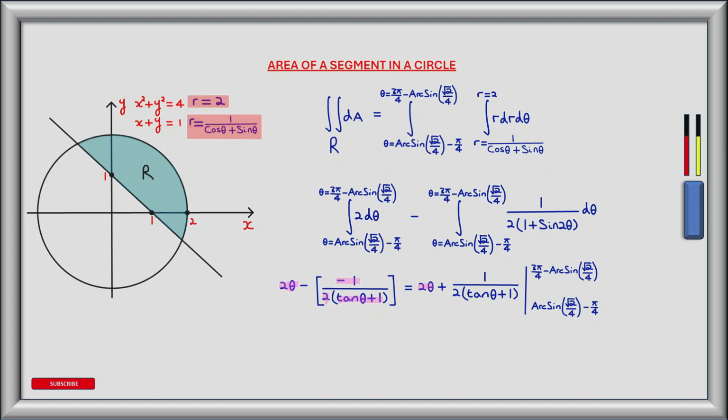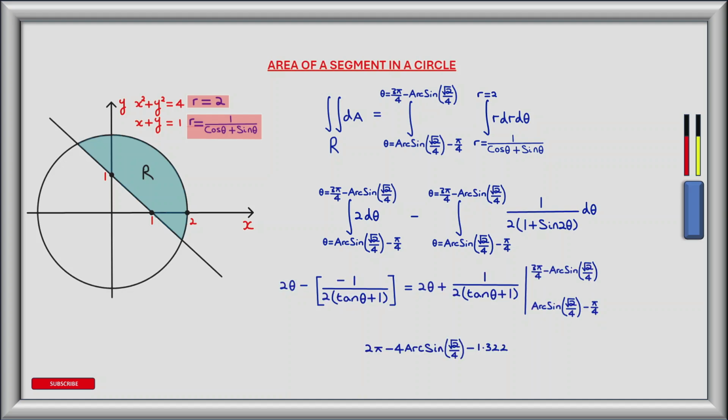This equates to 2 theta plus 1 divided by tan theta plus 1 times 2, and we need to evaluate it between arc sine of the square root of 2 divided by 4 minus pi by 4 to 3 pi by 4 minus arc sine of the square root of 2 divided by 4.